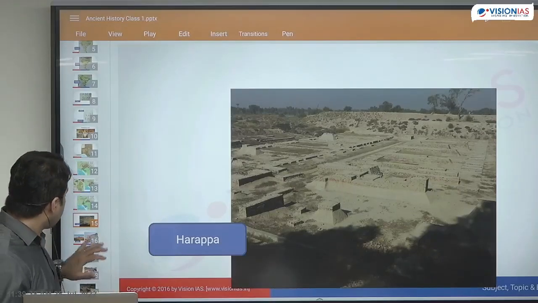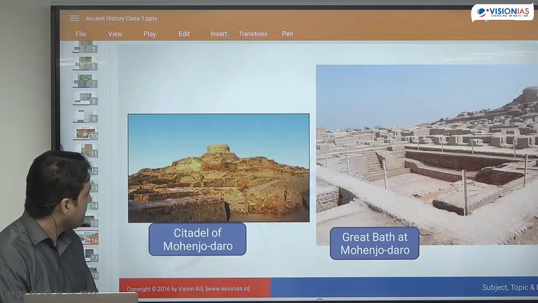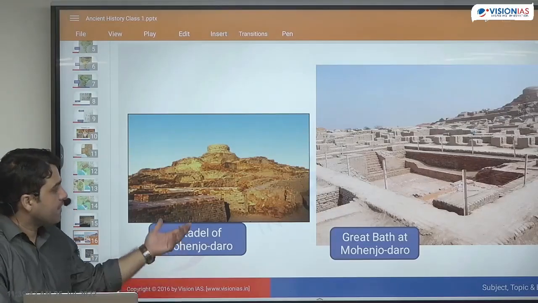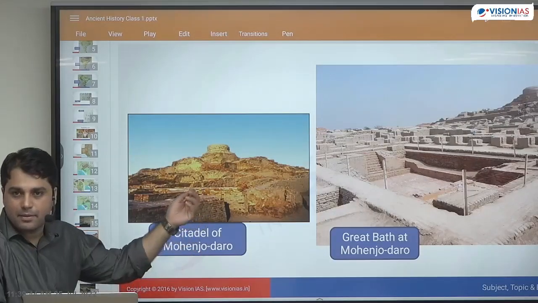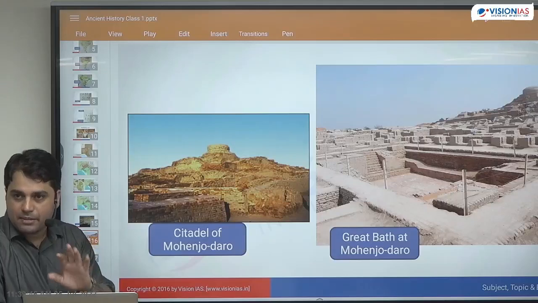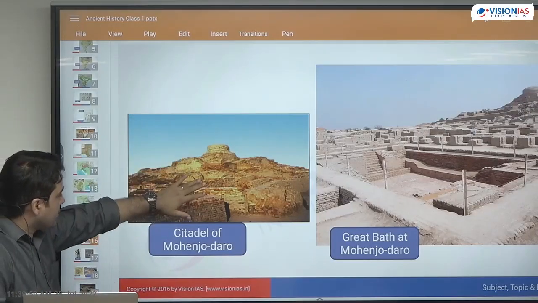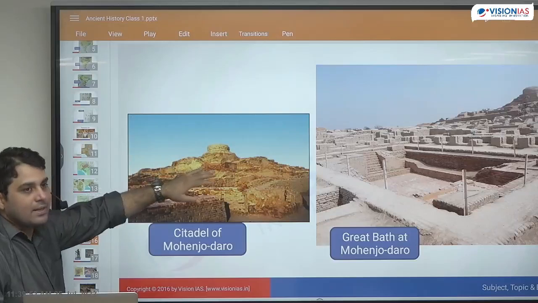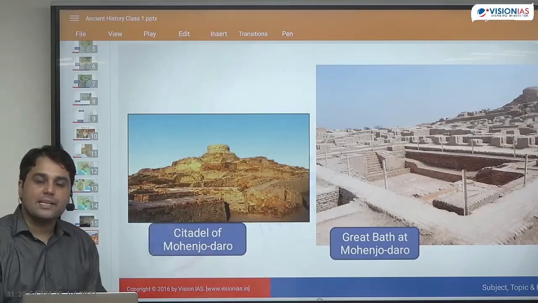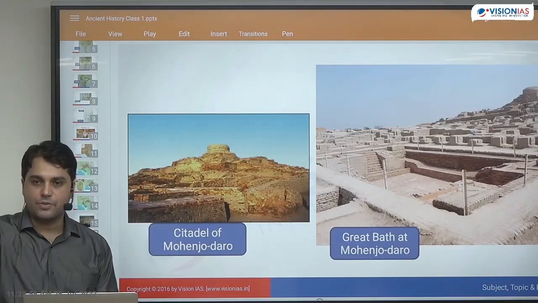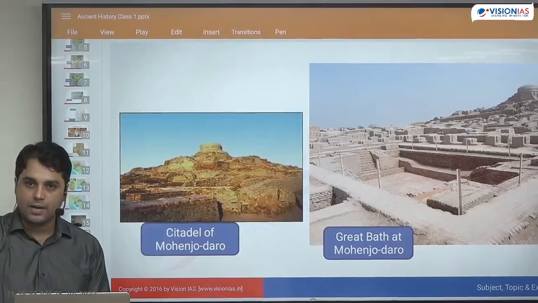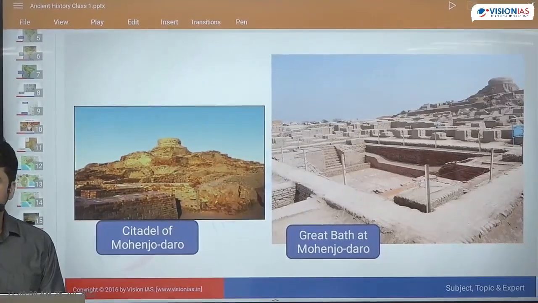The second city which was discovered was Mohenjo-daro. Mohenjo-daro, for example, is very famous for a lot of things. I have picked up a few important things from important sites. For example, this represents the citadel of Mohenjo-daro. Now the citadel was at a higher elevation in the city. So the entire city can be divided into two categories, upper town and lower town.